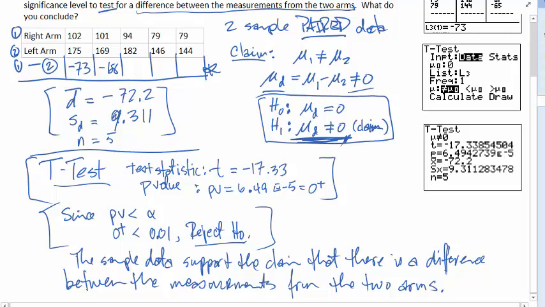Okay, so that's our conclusion. So it looks like there is a difference. And then we can just see that the left arm seems to have a higher systolic measurement than the right arm.